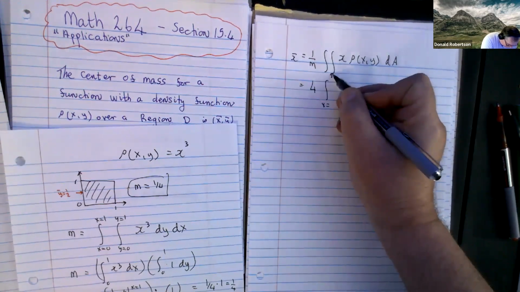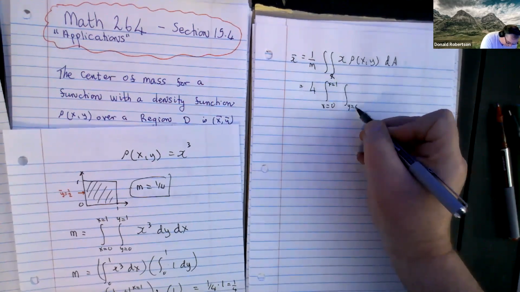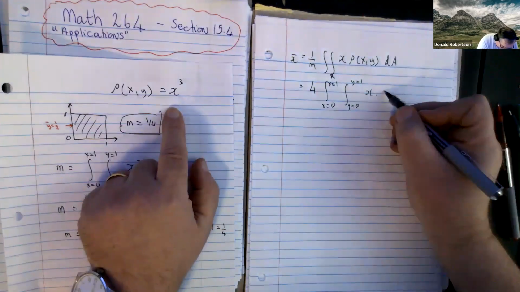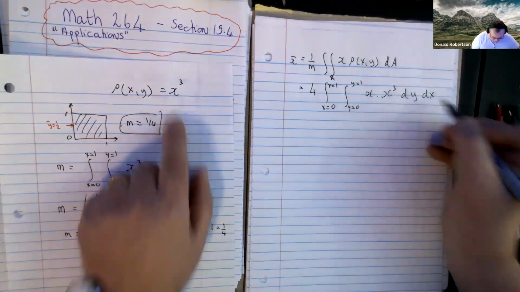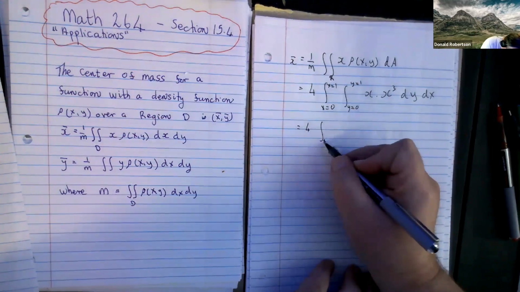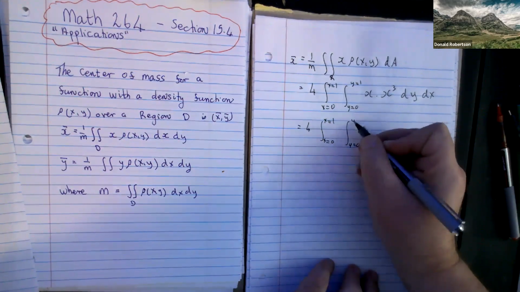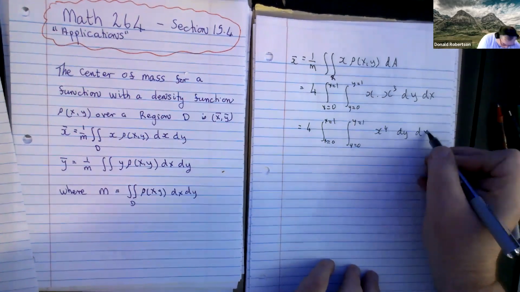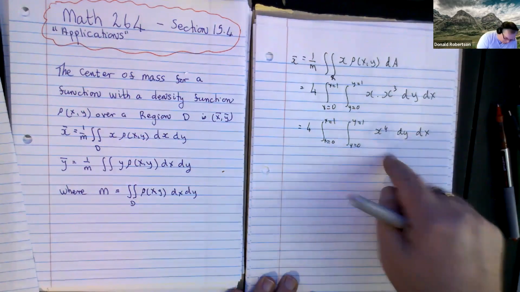The region that we're talking about is x equals 0 to 1, y equals 0 to 1, x times the density function, which just happens to be x cubed, dy dx. Tidy that up a little bit: x equals 0 to 1, y equals 0 to 1, x to the 4. And everybody is happy because it's variable separable.